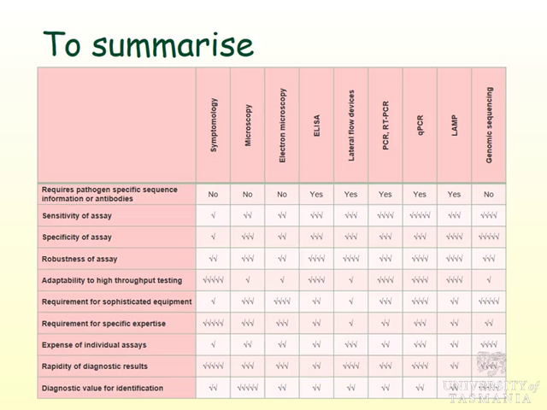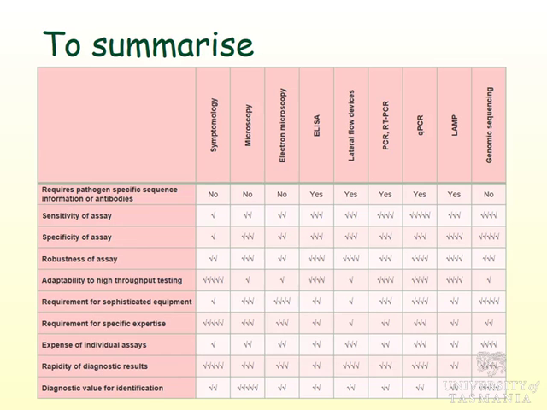So you can go through that list too and look at some of the advantages. Again, how good do you need to be? If you're relying on symptomology, it's relying on being an expert and understanding what you're dealing with. So a pretty high level of expertise is needed to interpret symptomology as a diagnostic tool. Lateral flow device, goodness me, all you need to do is stick the sample in and be able to read one stripe or two stripes.